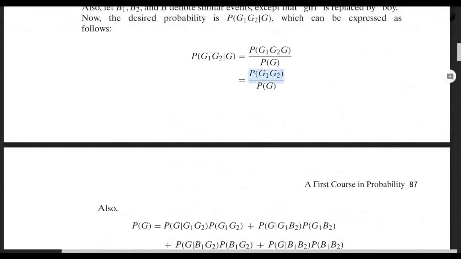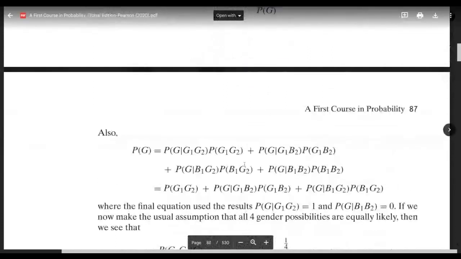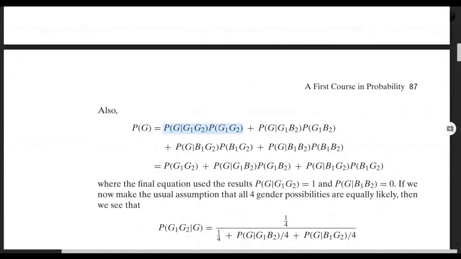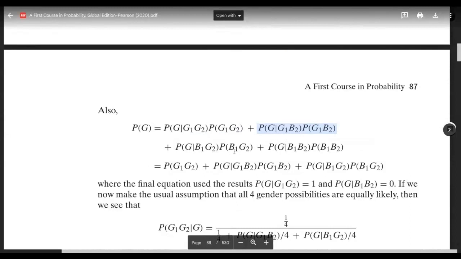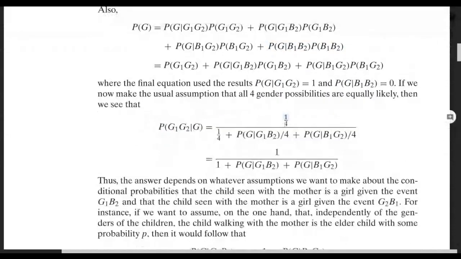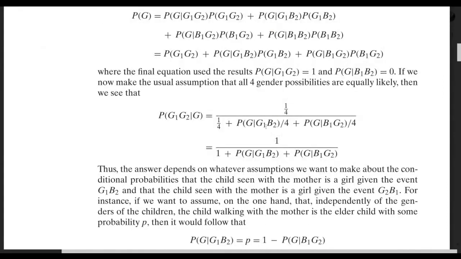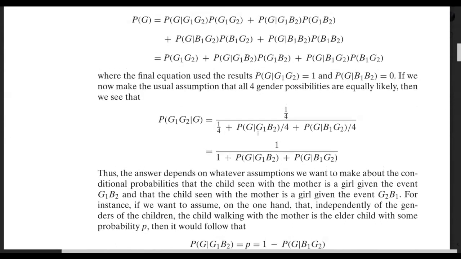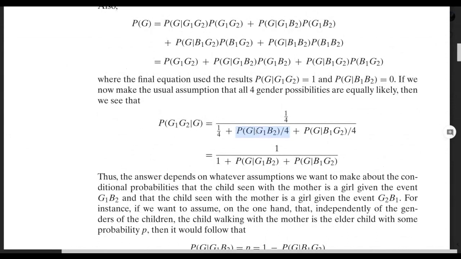So the two children both being girls is 1/4, because we have 4 situations: girl-girl, girl-boy, boy-girl, or boy-boy. So that's 1/4. Then the first term is the same as the numerator, 1/4. And then this one, we don't know yet.